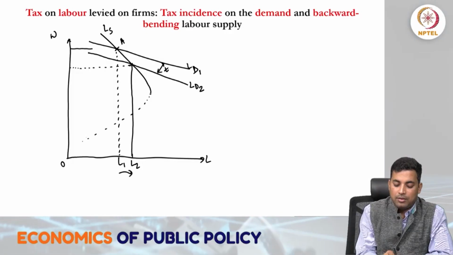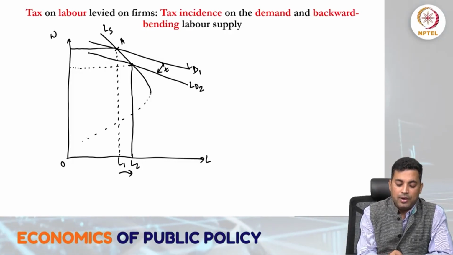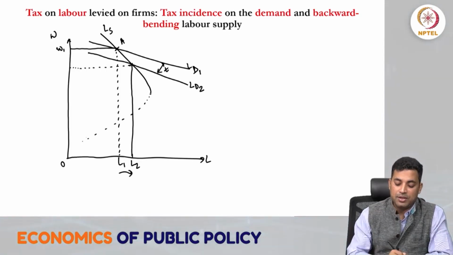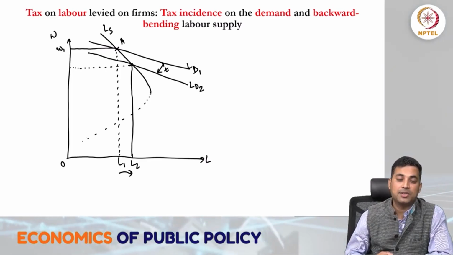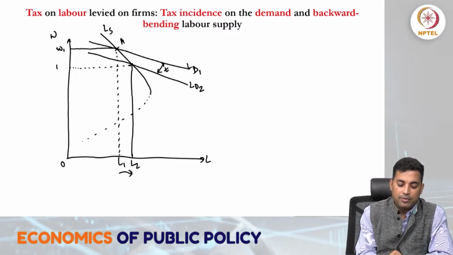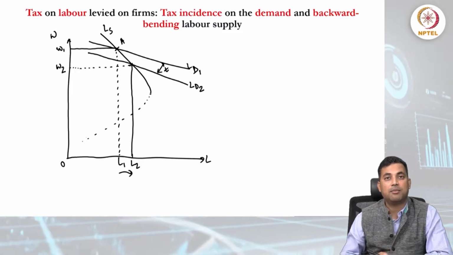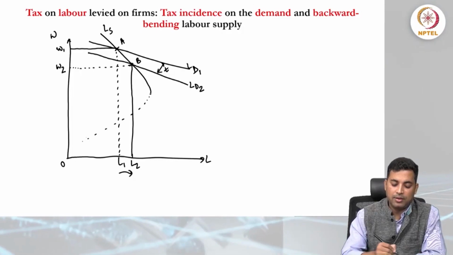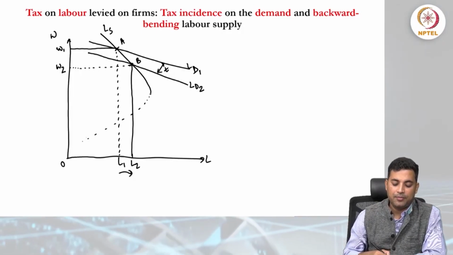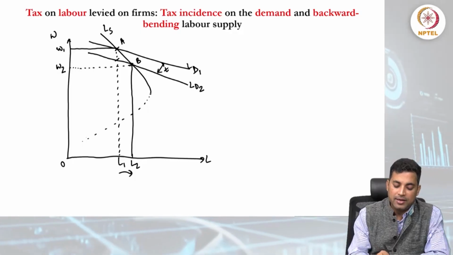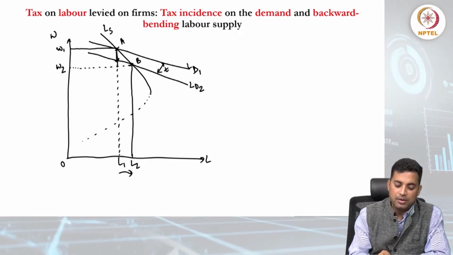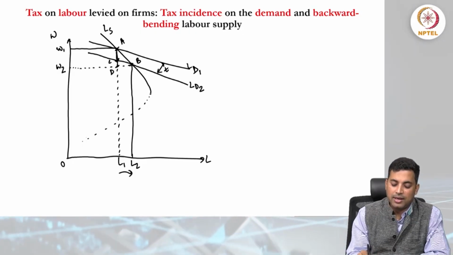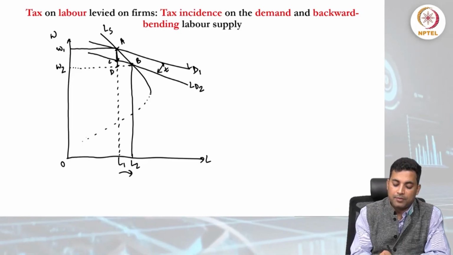At the initial point A we have the wage rate OW1, but after tax imposition, as the demand curve shifts downward, we get the new equilibrium point B, where the wage is determined at OW2. The amount of the tax here is very clear, like this amount A, C, and here we can also put D. So certainly this is the amount of T.